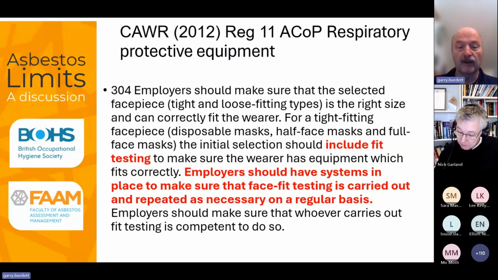And it's carried out and repeated as necessary on a regular basis by the employers. So you can see where the responsibility lies.